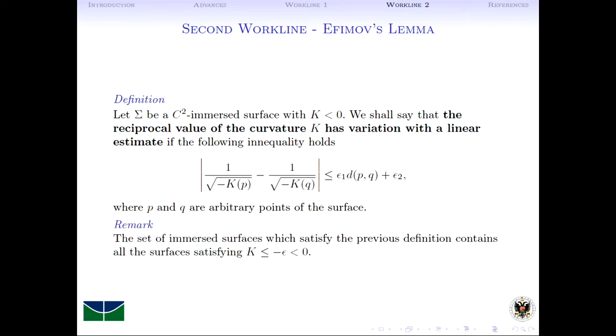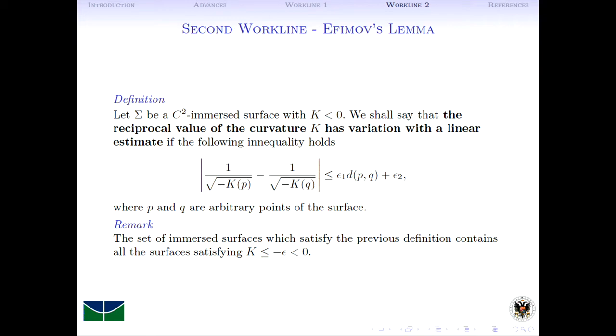Observe one thing. In the conditions of the classical Efimov theorem of 1964, the surface has curvature bounded from above by a negative constant.